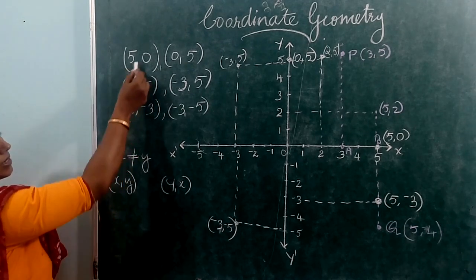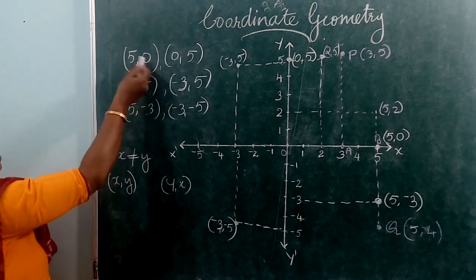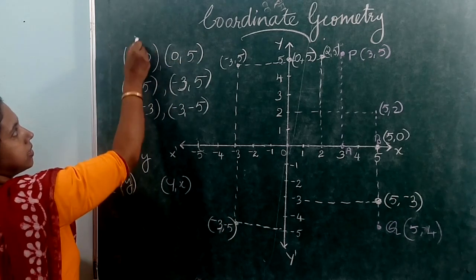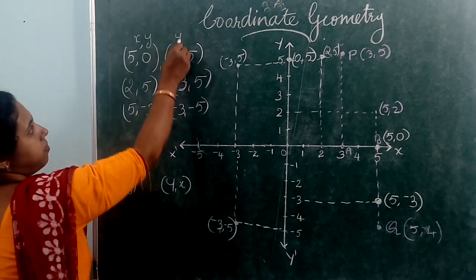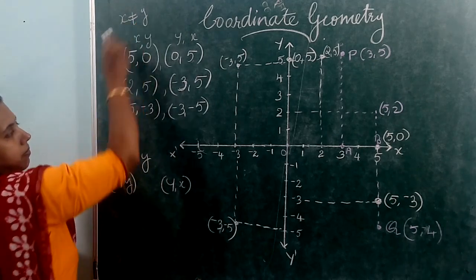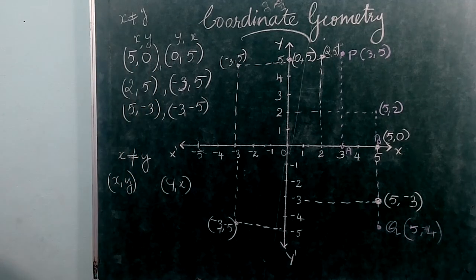Here the ordered pair is represented as (x, y). So x coordinate is 5, y coordinate is 0. If we interchange, this is (0, 5), meaning y coordinate 0, x coordinate 5. If this is the (x, y) form, then this will be the (y, x) form. So if x is not equal to y, then the position of (x, y) is not the same as the position of (y, x).